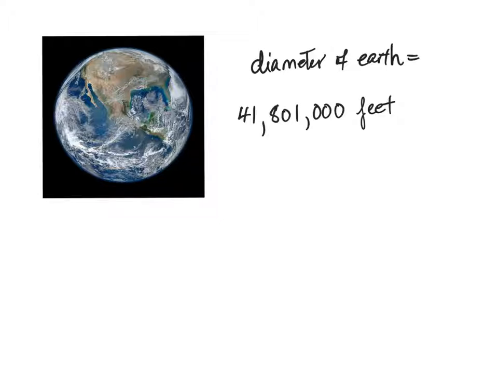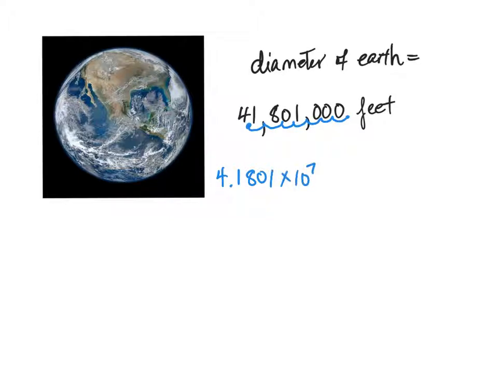So you're going to write this as 4.1801, and then you have to figure out the power of 10 that you need to make these equal, right? So how many decimal places did we have to move it over? 1, 2, 3, 4, 5, 6, 7. So it's times 10 to the 7th.